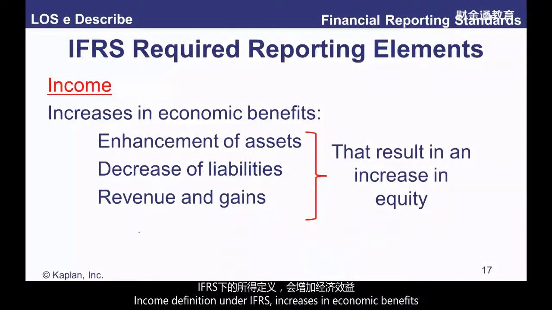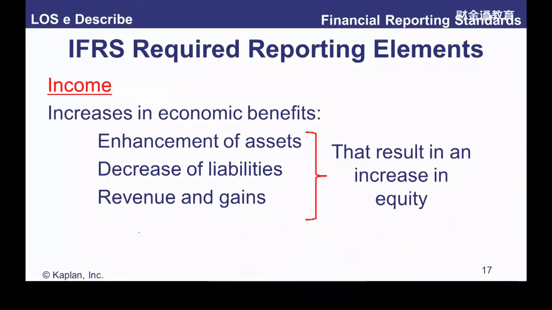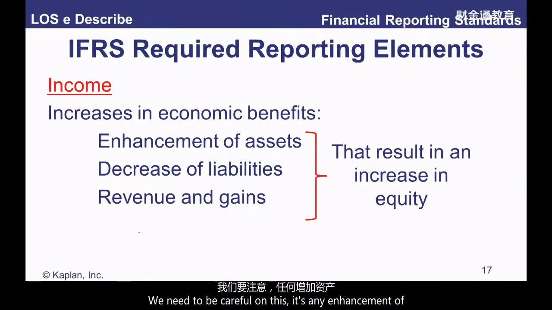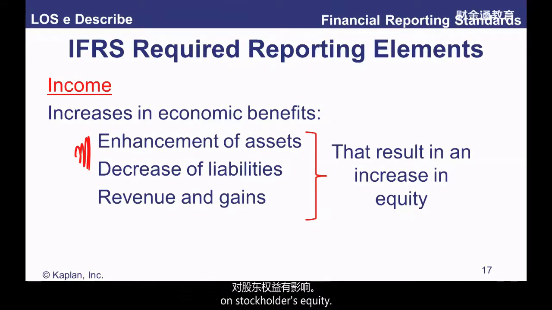Here's our income definition under IFRS: increases in economic benefits, enhancements of assets or decreases of liabilities. Now, I think we need to be careful on this. It's any enhancement of an asset that will result in an increase in equity. Any decrease in a liability that will result in an increase in equity. So the key point with these two is they have to have an effect on stockholders' equity.